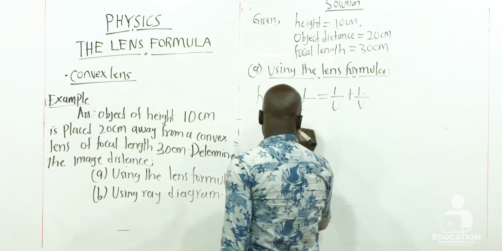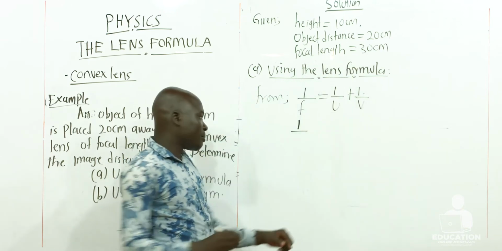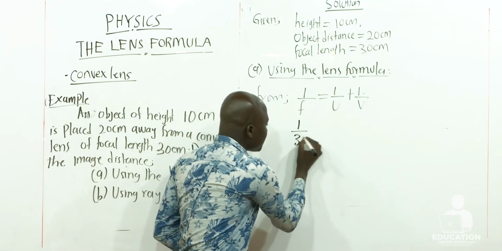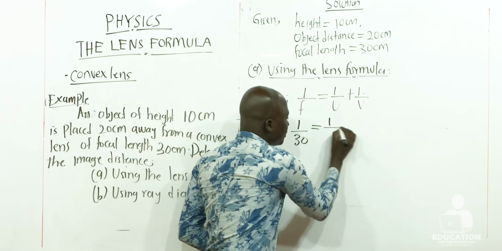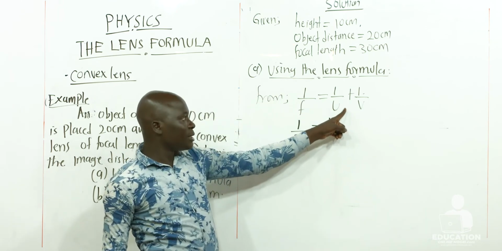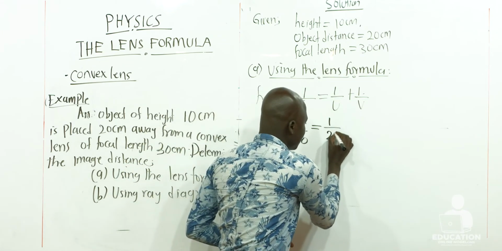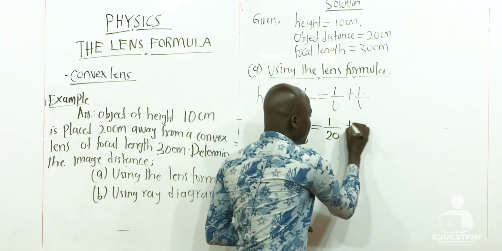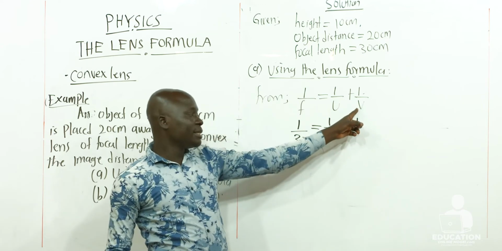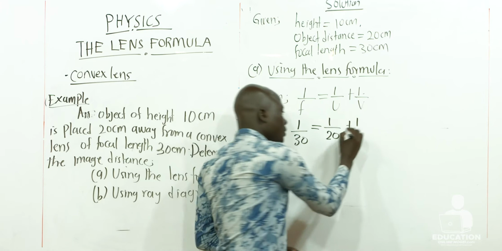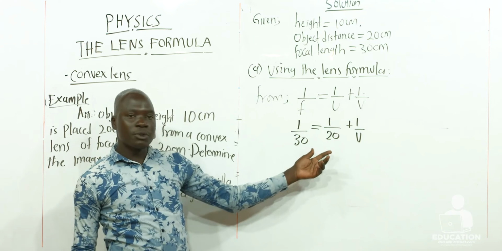So we are going to have 1 divided by 30, since the focal length is 30 centimeters, which is equal to 1 divided by u, and u is the object distance, given as 20 centimeters, plus 1 divided by v, and v is the image distance that we are looking for. 1 divided by v.